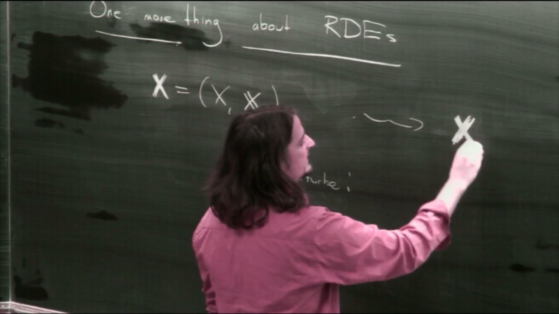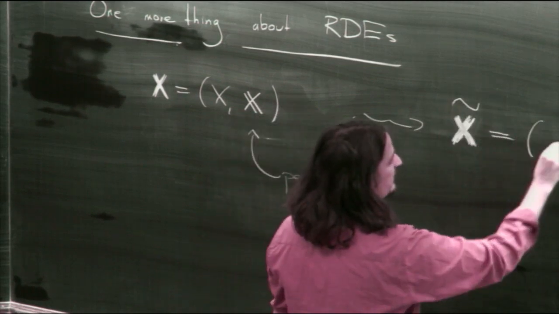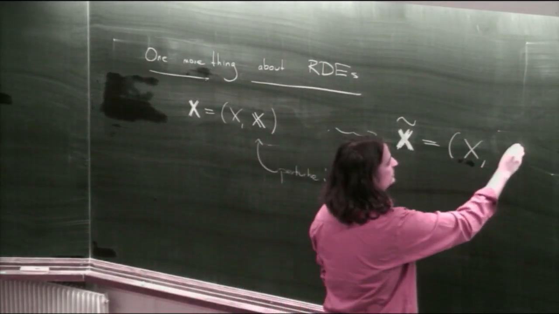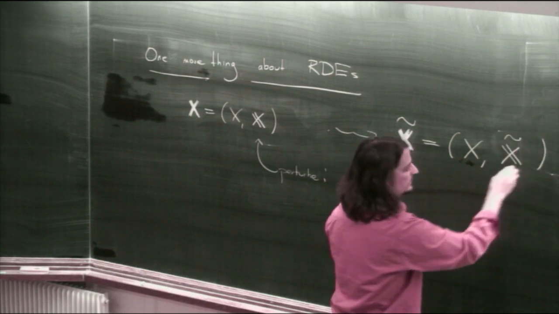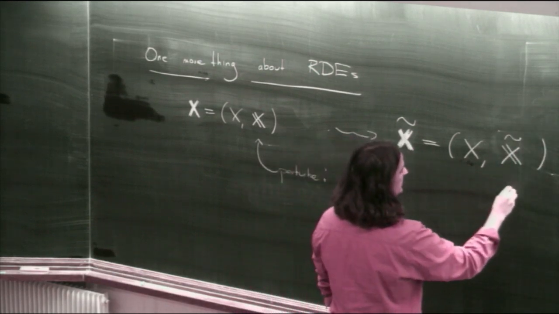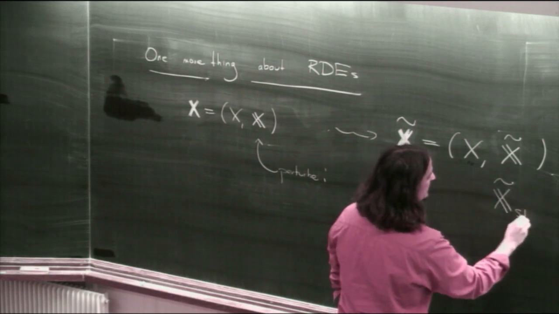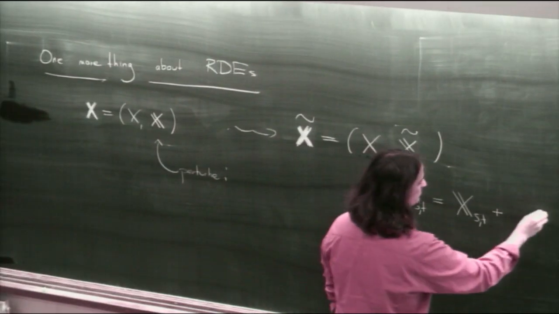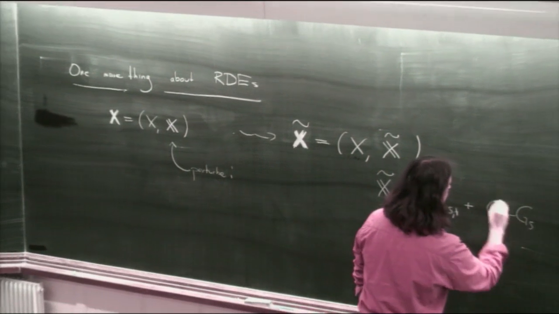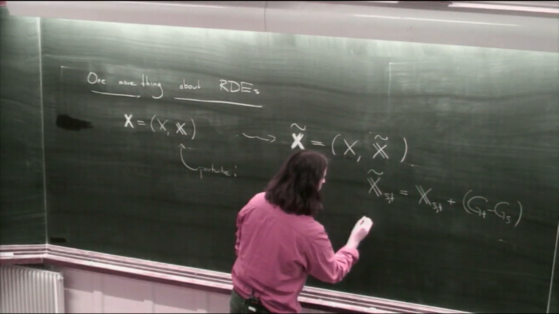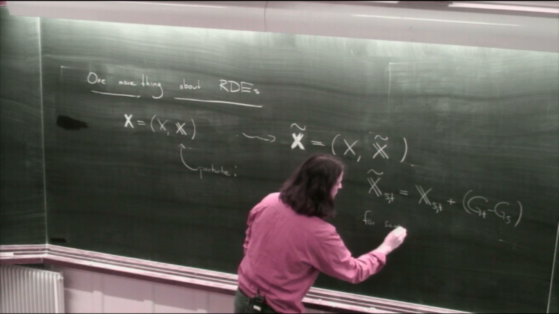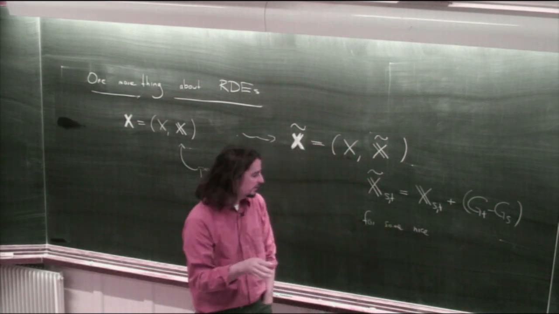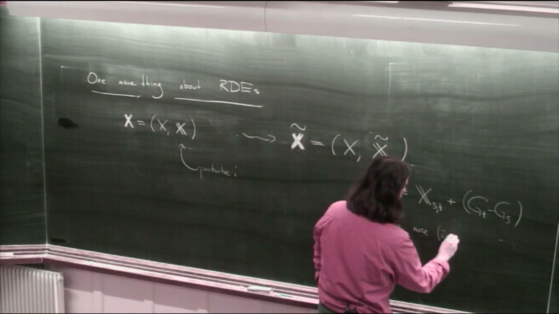You get another rough path that lives on top of the same underlying path, but we changed the second order information, and let's say we do it in the following way here, for some nice G. Lipschitz or 2 alpha Hölder would be enough. 2 alpha Hölder would do.